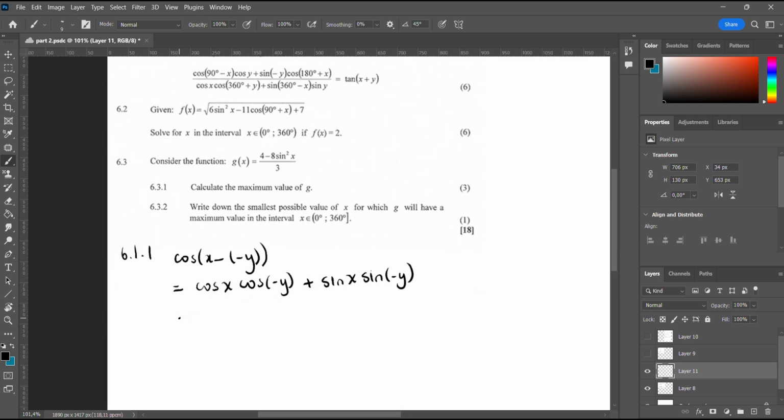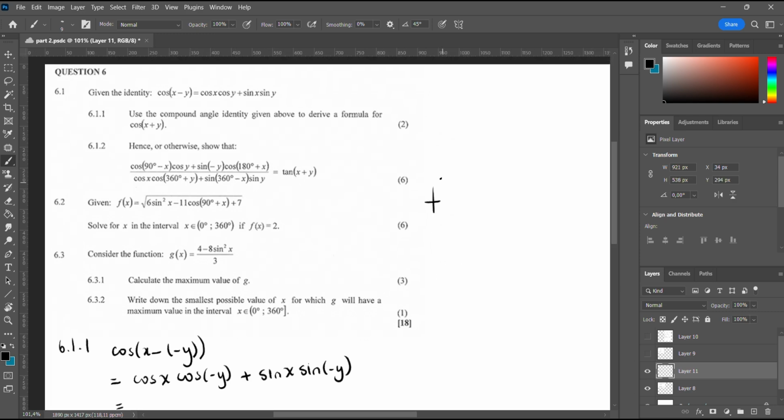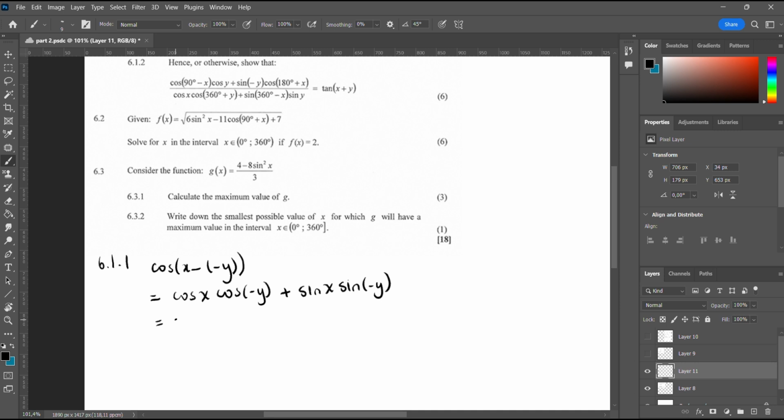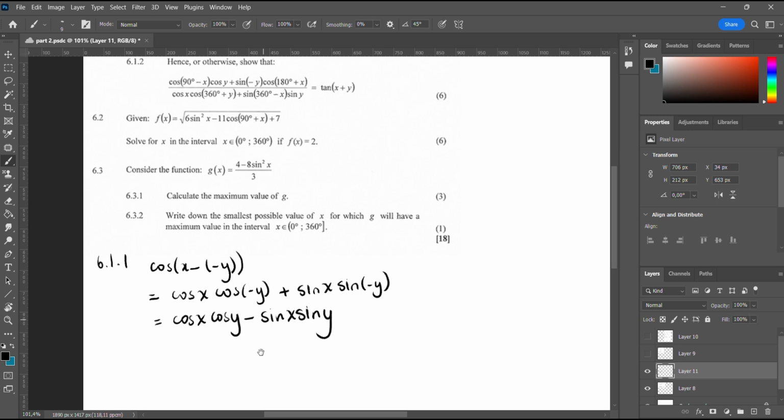And cos of minus, negative angles, remember, on the Cartesian plane it goes clockwise, so negative angles for cos are positive, so it would be cos x cos y. Negative angles for sine are negative, so it would be cos x cos y plus sine x sine y.